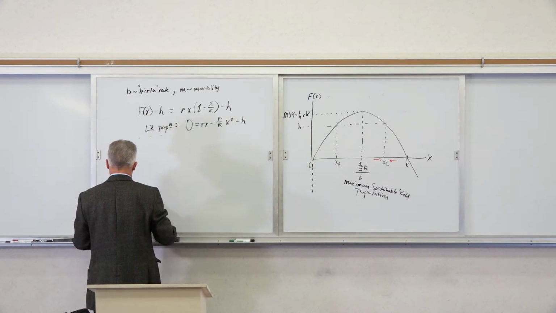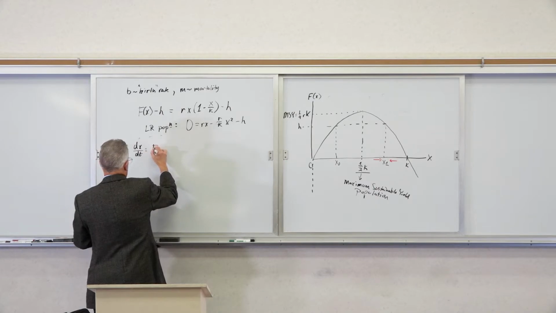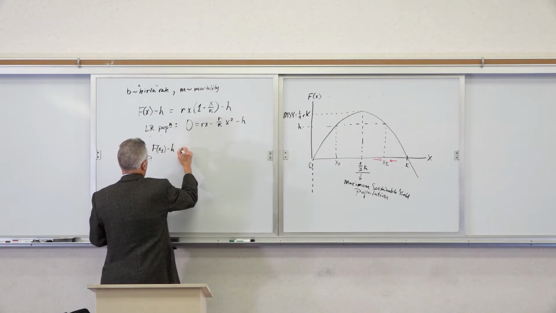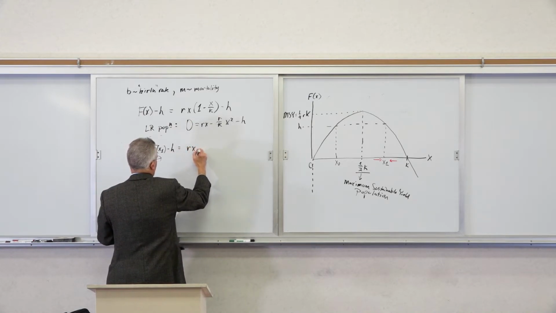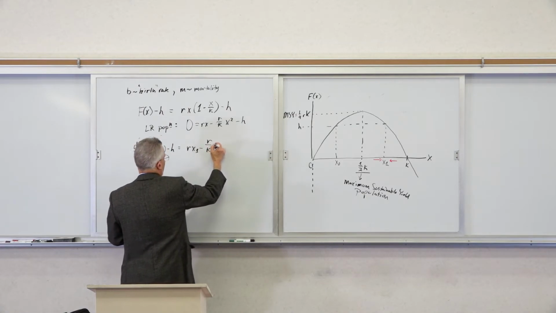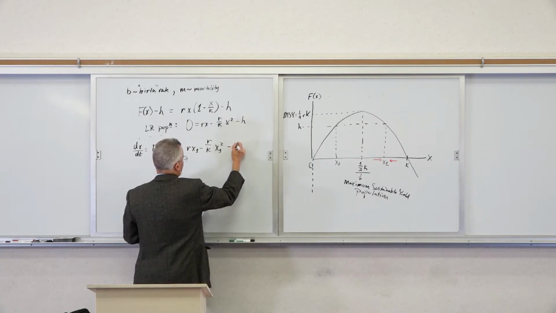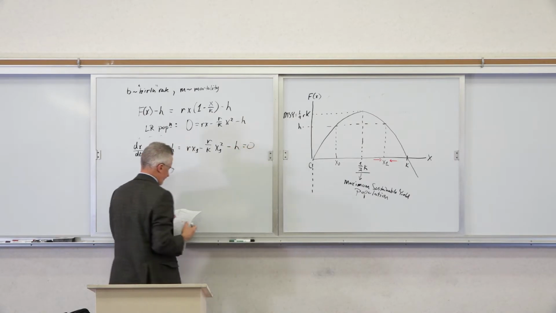So we know that dx/dt equals f of x1 minus h, which is equal to r x1 minus r over k x1 squared minus h equals 0.